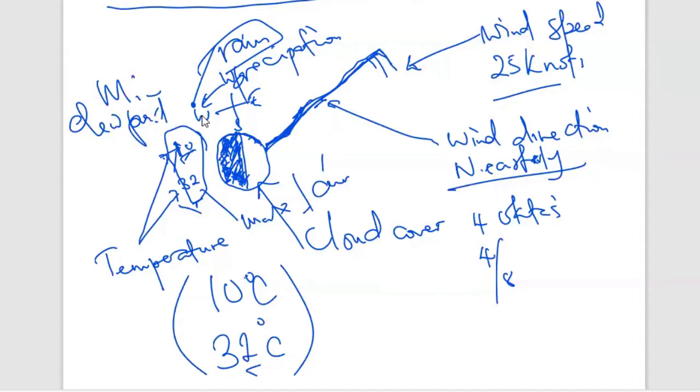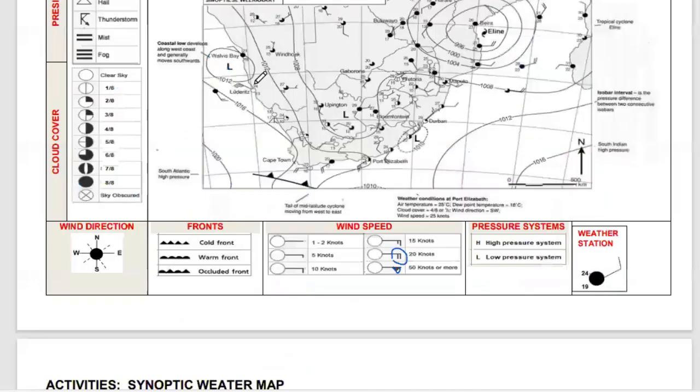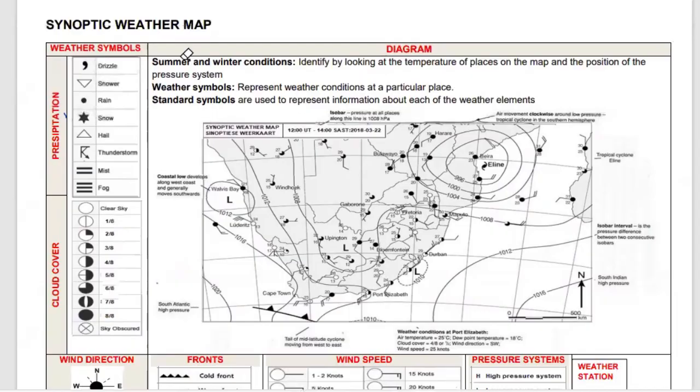So that is basically how we read and interpret synoptic weather maps, giving a summary of the weather elements on a given weather station. Right, going back to our synoptic map, we now want to analyze what is happening on this synoptic map, relating to all the concepts and ending up relating to our summer and winter conditions.